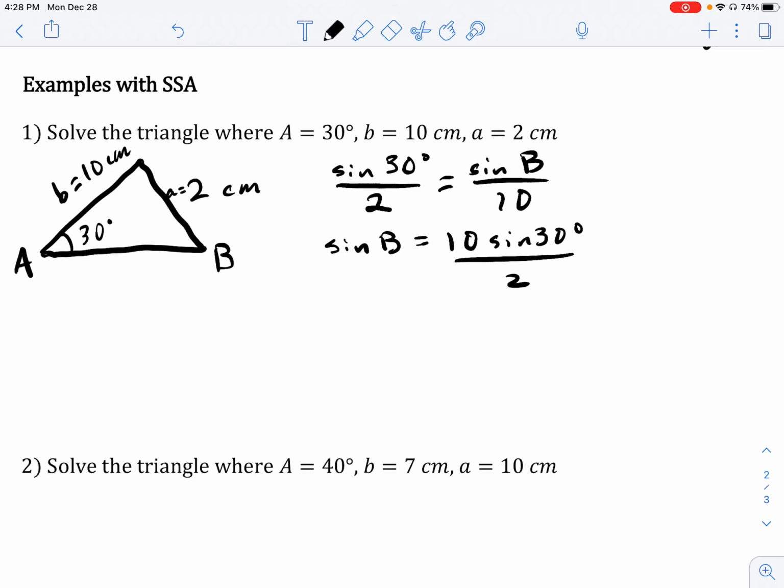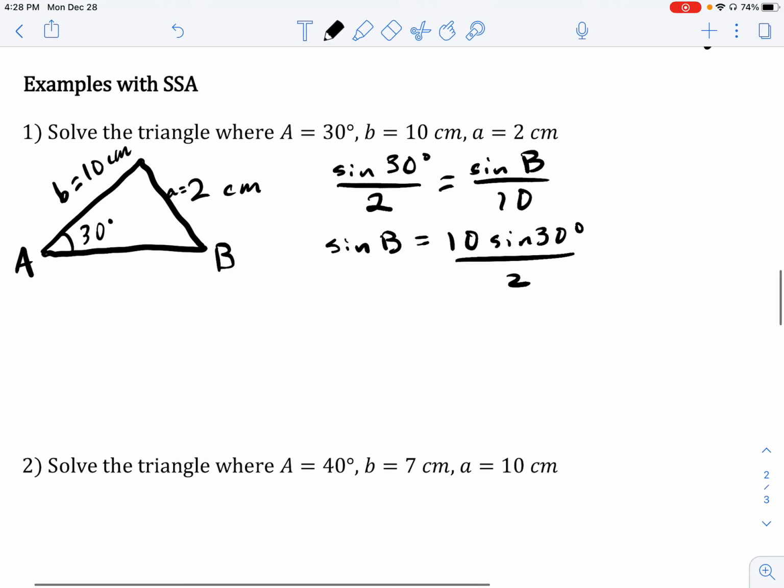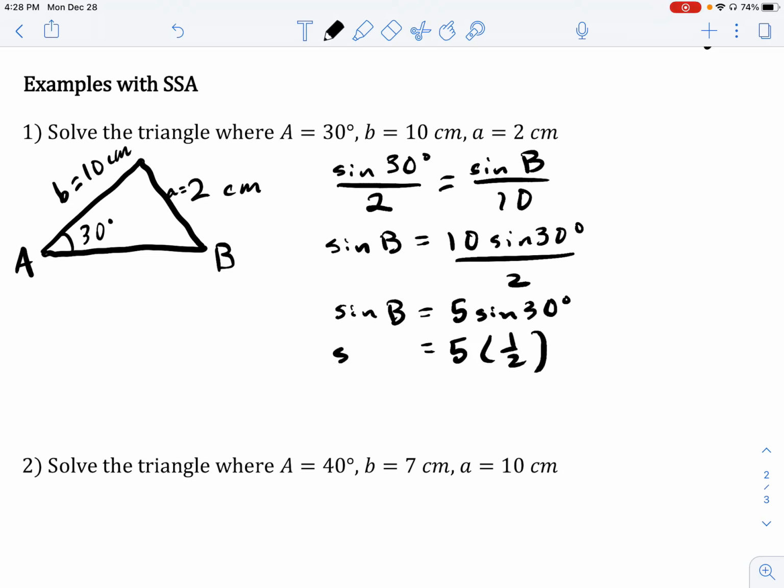You could grab your calculator here if you wanted to: sine B is equal to 5 times sine 30, since 10 divided by 2 is 5. But if we remember how to evaluate angles on our unit circle, we wouldn't really need a calculator here. We can say sine of 30 degrees is simply 1/2. So the sine of angle B is going to be equal to 5/2, or 2.5.